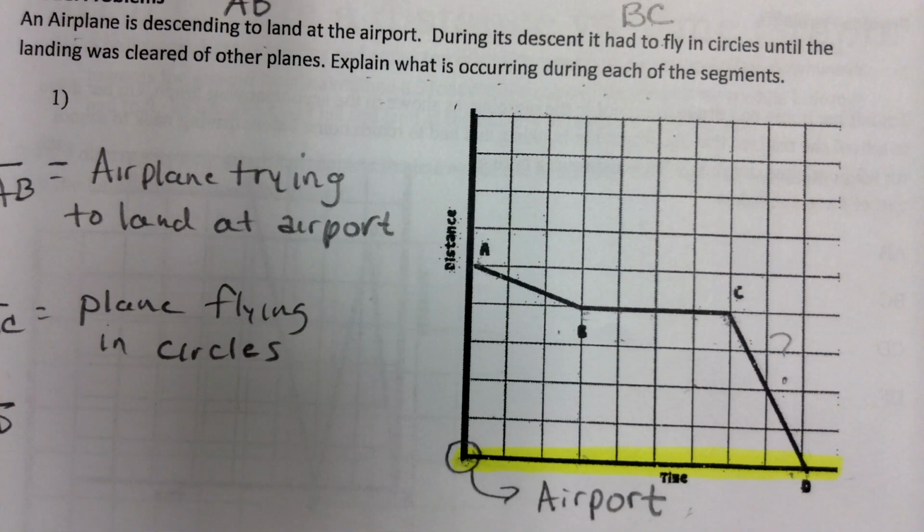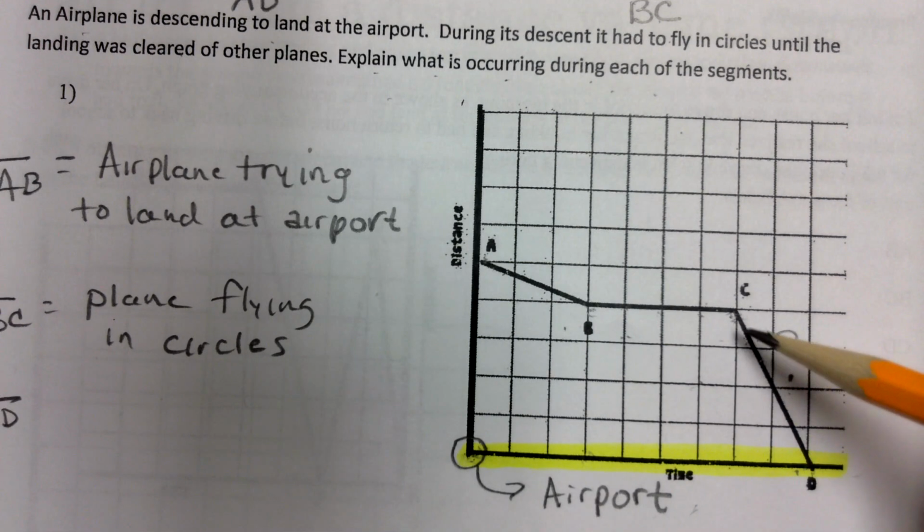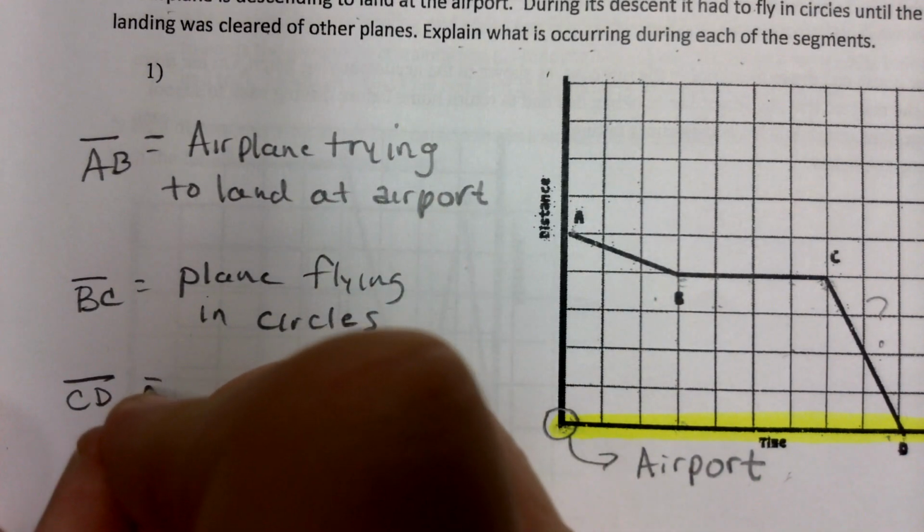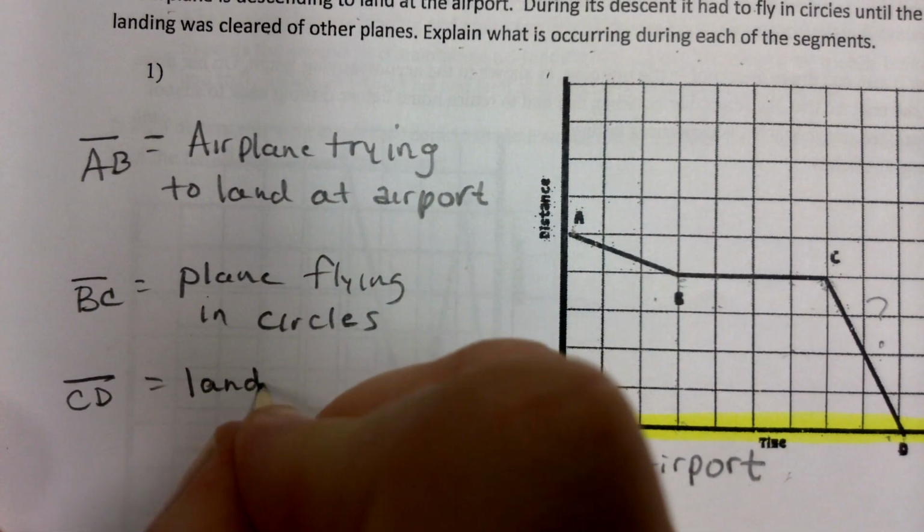But also, in the mechanics of an airplane, when you are landing, the very last thing you have to do to get the plane to land correctly is you have to speed up. And that's exactly what's happening right here, is it's speeding up as it lands and arrives at the airport. So all we have to do is write landing at airport.